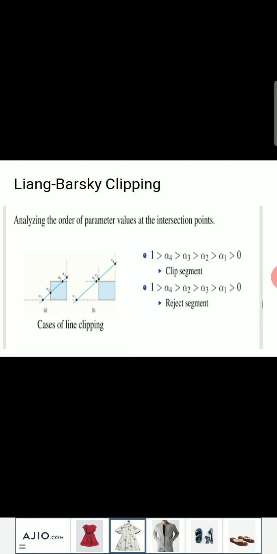Else, if the order is something else, it could be like alpha 1 is greater than alpha 4, then comes alpha 2, and then there is alpha 3, and then it is alpha 1. Hence, the line segment would be rejected. Here there are only 2 cases.